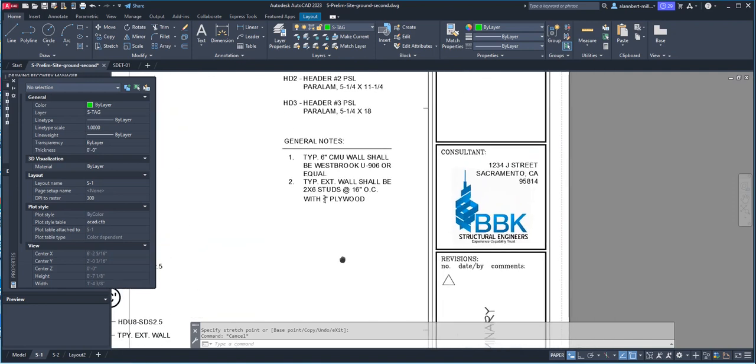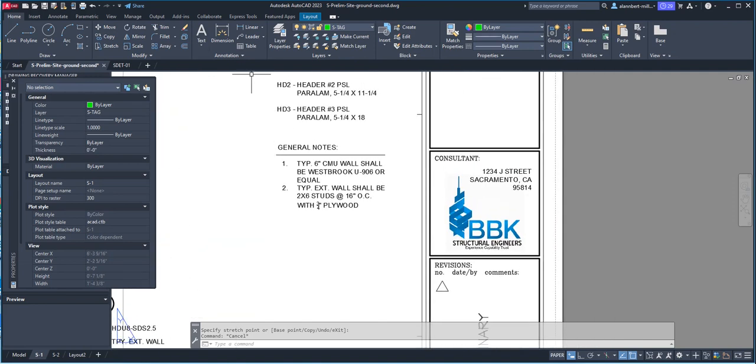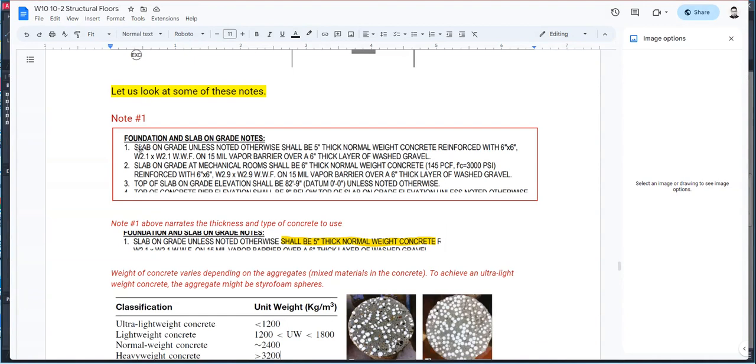So if you look at our document, we're going to use these notes here that tell us the thickness of the slab and what kind of reinforcement and what's under the slab. And we have also a mechanical room for the elevator pit that needs to be 1 inch thicker, that is a little bit stronger. And then we have to identify what the slab elevation will be.